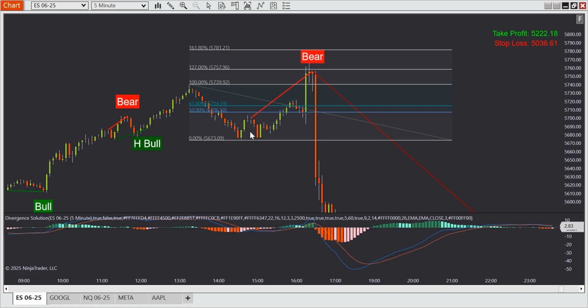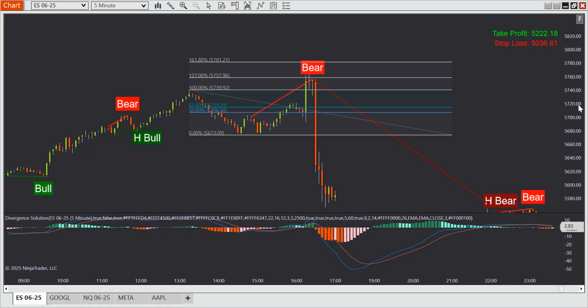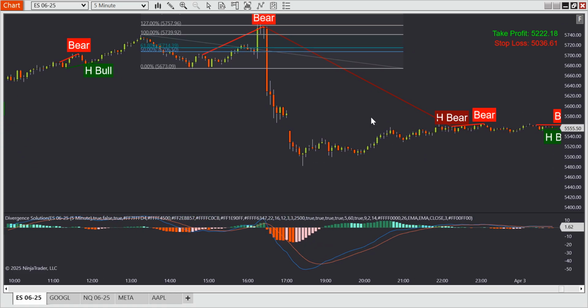In this scenario, we find the divergence, and it is respecting the zone between these fib extensions, the 127 and 161.8. You could call it just 162, but precise is 161.8. We can see the two wicks right above it, divergence, and a very steep drop right there.